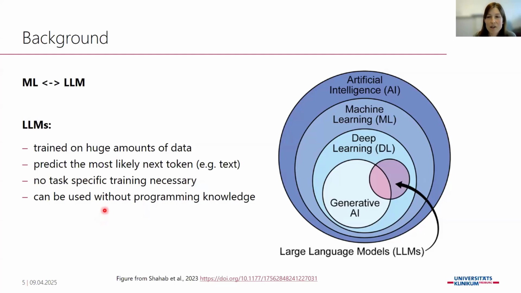So you can just give instructions in natural language and you will receive a result. Just to mention some examples, I have already mentioned ChatGPT, I'm sure all of you may know it, and Claude, which we used for our testing, but of course there are also many more large language models, for example, Gemini, and quite a lot of others.